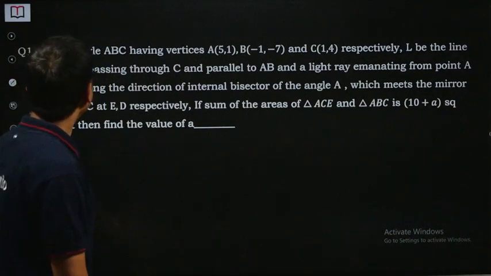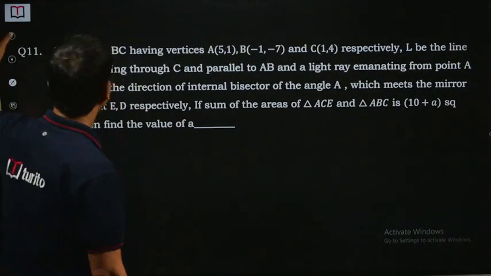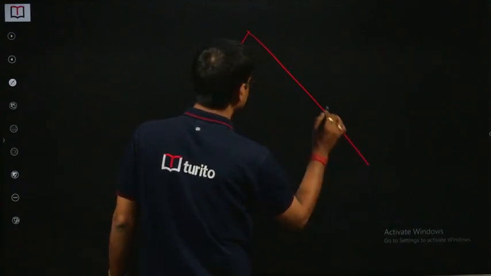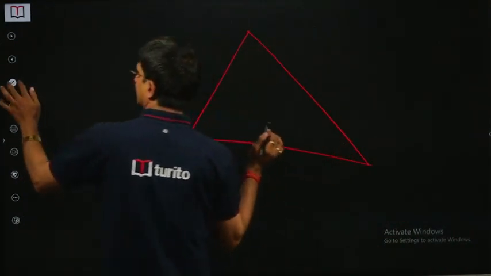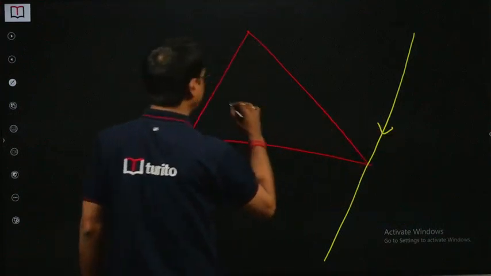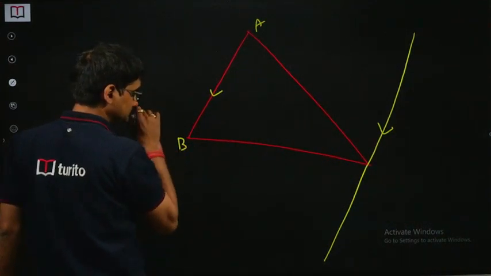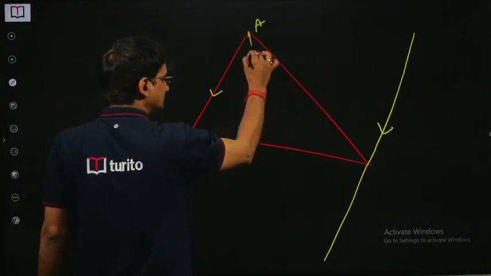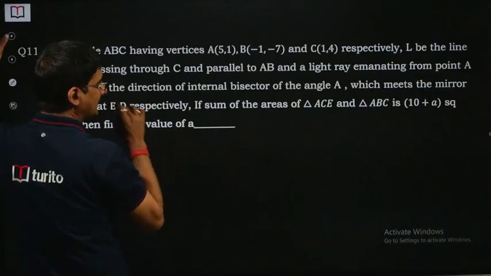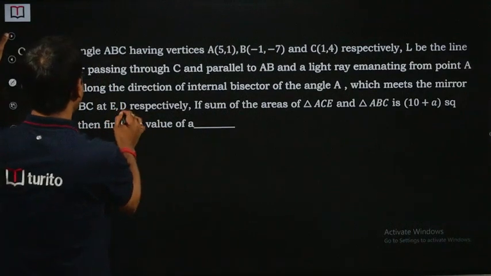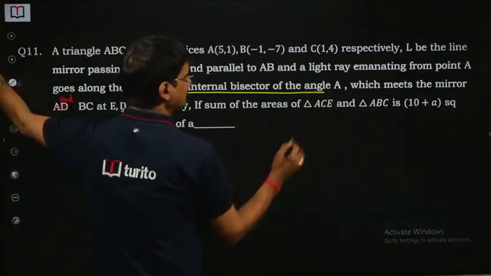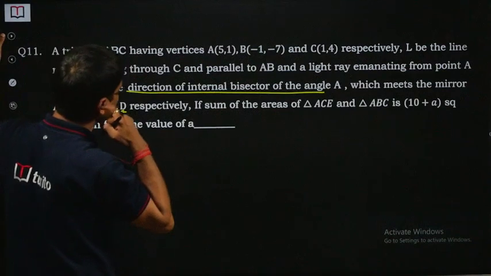Let L be the line mirror passing through C and parallel to AB. The angle bisector of A meets it at E, the mirror at E and BC at D respectively. A light ray emanating from a point along the direction of the angle bisector of A, if the sum of the areas of triangle ACE and ABC.